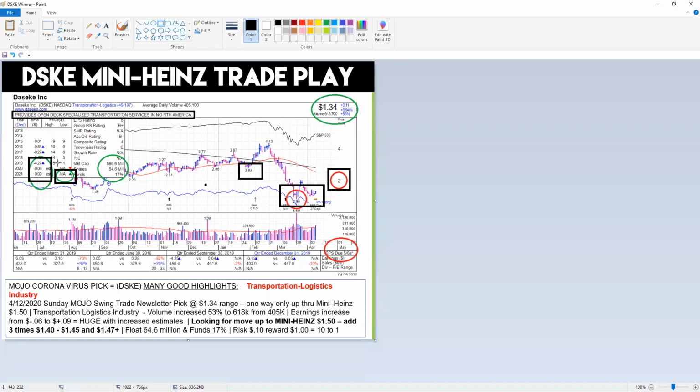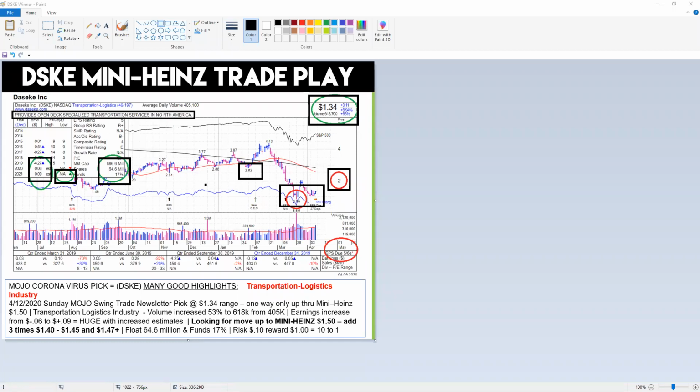Fundamentally, these are my indicators, fundamentals of the company, 64 million in the float, 17% owned by funds, with a 53% increase in volume in that top circle right there, 618,000 versus 405. This stock went up huge, DSKE.